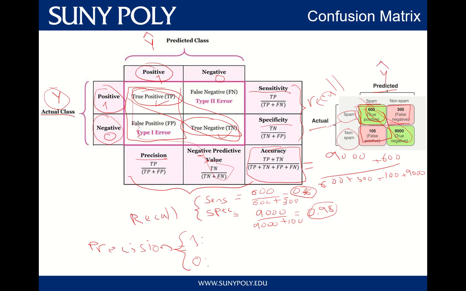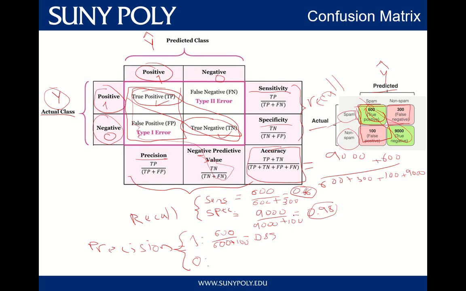So our model predicted 700 spams, but it got right only 600. So the precision is 600 divided by 600 plus 100. Again, this is a measure of quality, so how much you should believe the predictions from that model. This is 0.85.